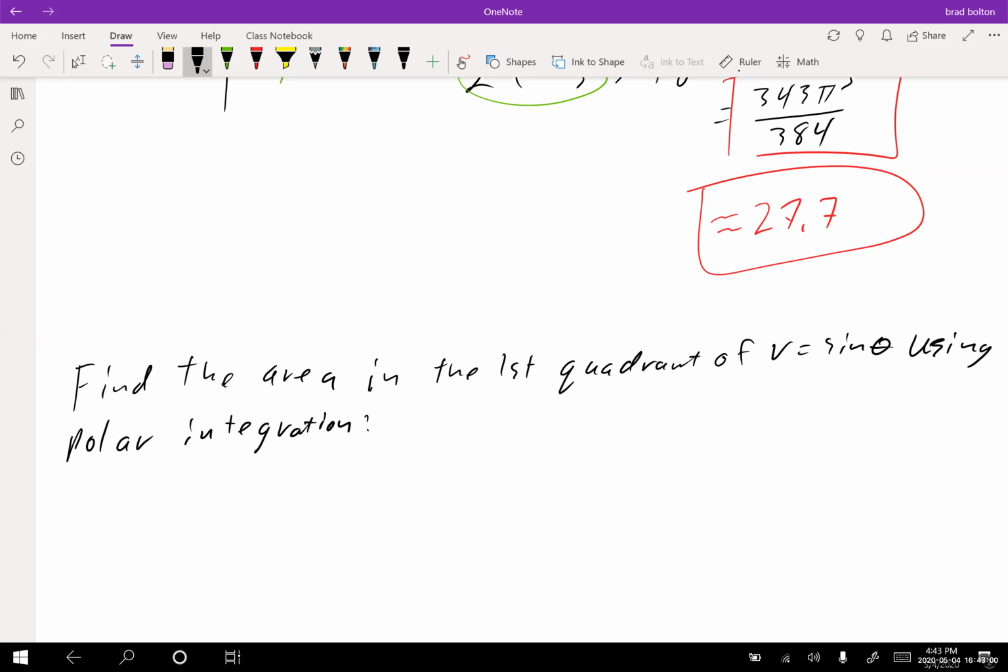Okay, so we need to come up with our little integration formula. So we're going to say A equals 1/2. I'm going to put the 1/2 outside of here. You guys can choose to do that.